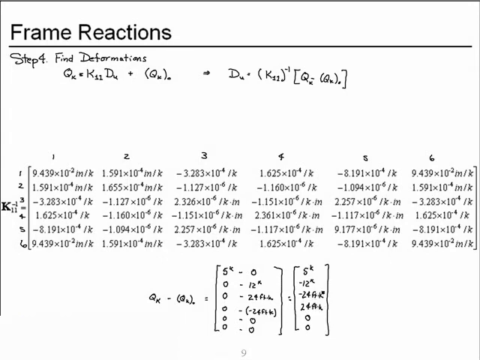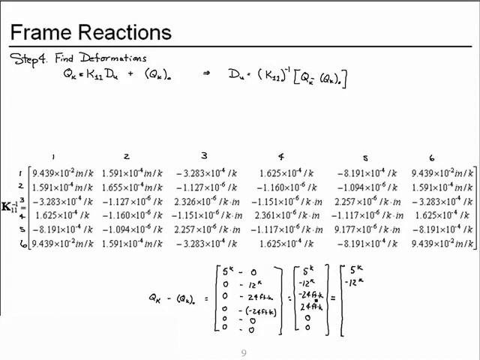Notice that our units here are foot kips, but our units up here are inches and kips. So we need to be consistent. Let's convert these. The 5 kips need not change, nor the minus 12 kips.